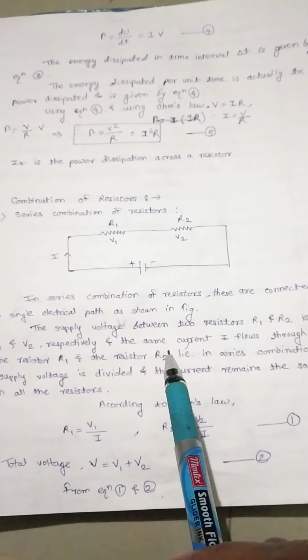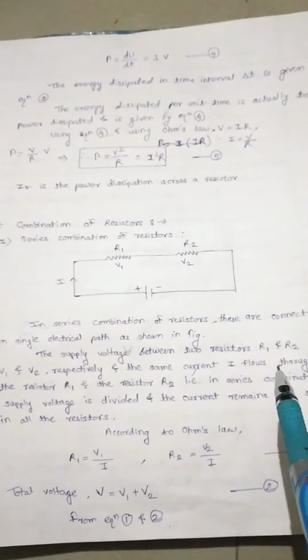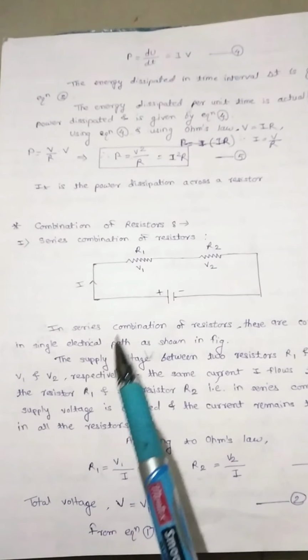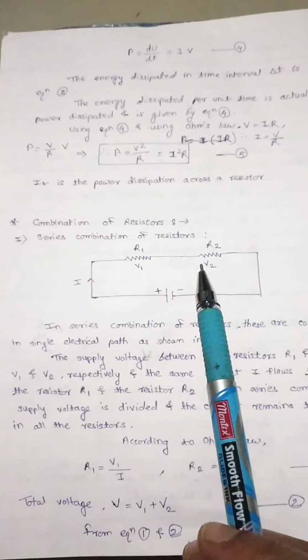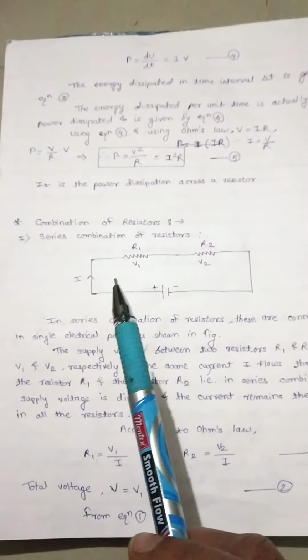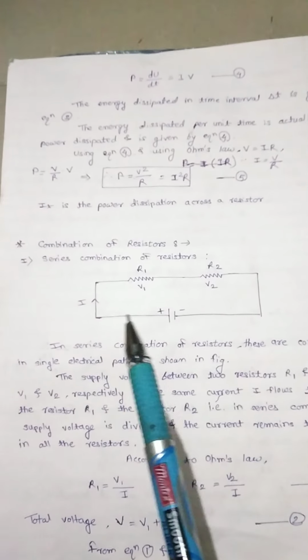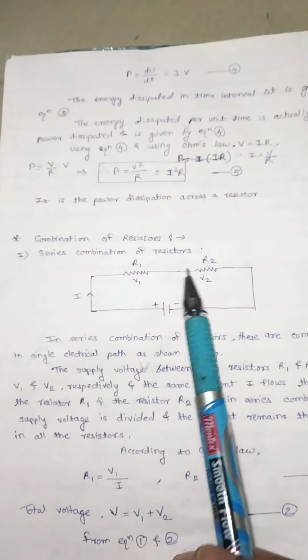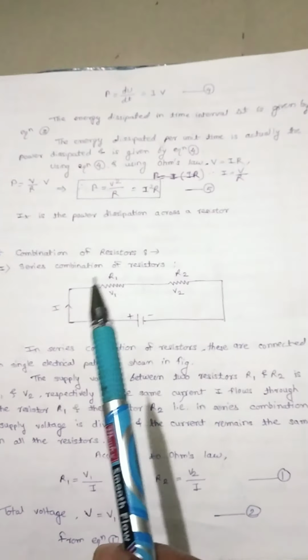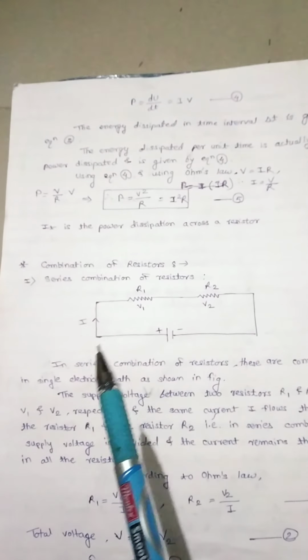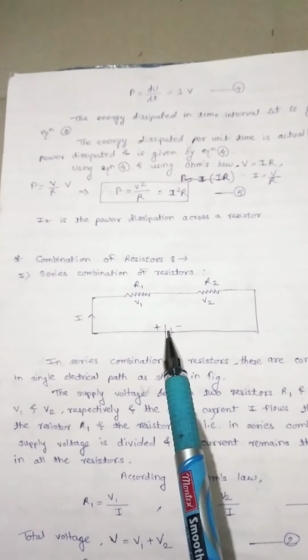And the same current I flows through the resistors R1 and R2. That is, in series combination, the supply voltage is divided and the current remains the same in all the resistors.